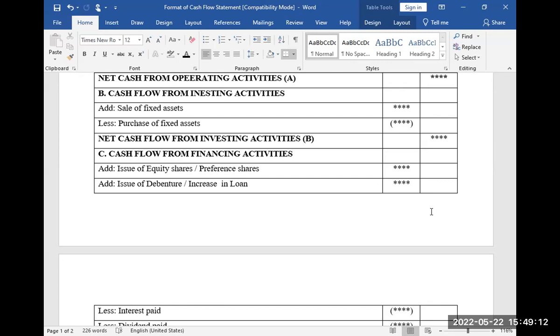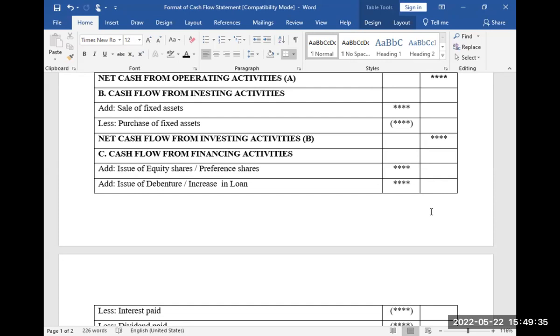Now this and the opening balance of cash and cash equivalents. I have not taken it there, but you have to take the cash and cash equivalents opening balance. How do you know the opening balance? Last year's balance sheet, closing balance. Last one, cash flow from financing activities. Refer to the balance sheet and take increase or decrease in non-current liabilities.